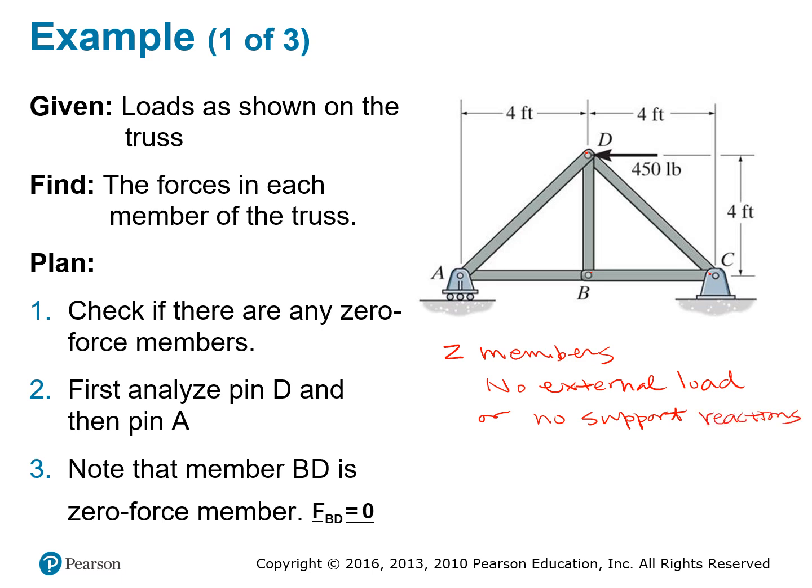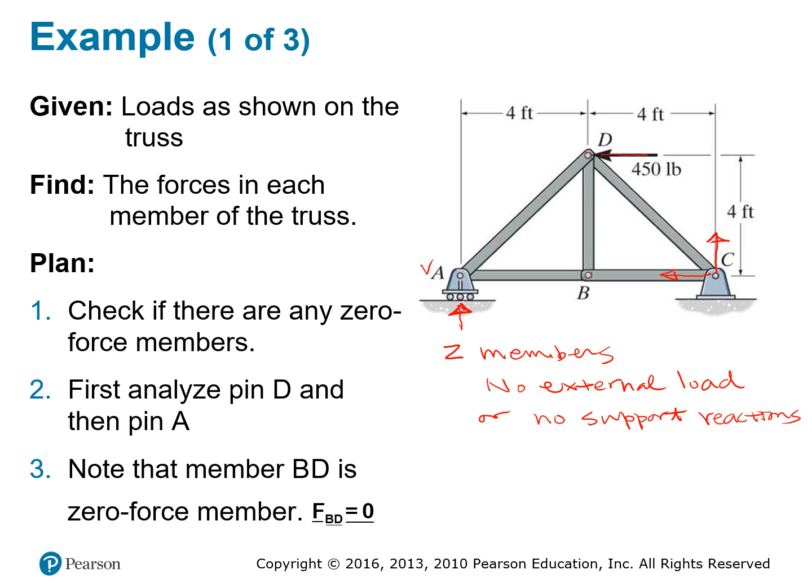Okay, this one has a reaction, right? The reaction is from the bottom. This is the roller, so the reaction is going to be this. Here, this is the pin, so we have 2 reactions, one going this way, one going this way. This one has an external load, so this one certainly is not going to be a zero force member.